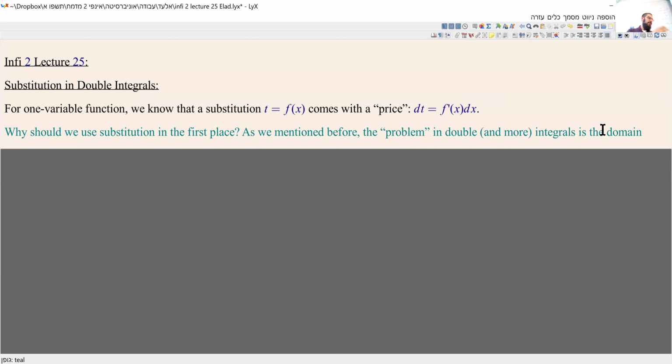When we consider the rectangular domains, x domain, y domain, now we switch from one to another and so on.